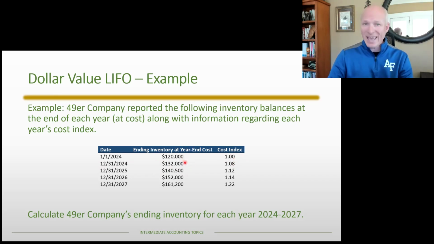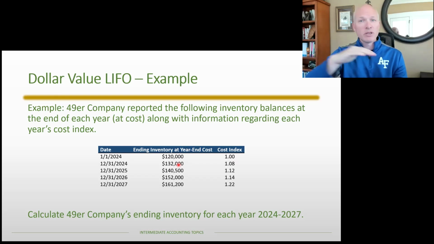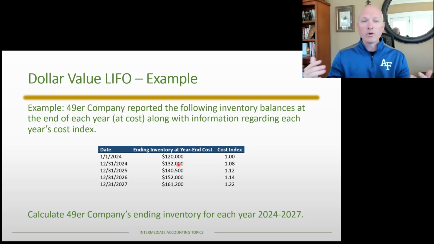We don't know yet whether the number of units or the volume went up. We know for sure the cost went up. It's unclear whether the volume also went up. It's possible that both happened. It's possible that the cost went up and the volume went down. It's possible that the cost went up and the volume stayed the same. All those could be the case.